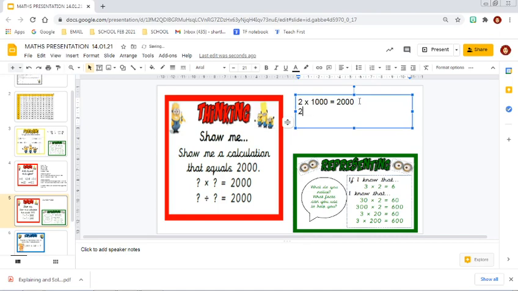So then I might say 20 multiplied by, however, if I multiply it by 1000, it's no longer going to equal 2000. This would be incorrect, because if 2 multiplied by 1000 equals 2000, then 20, which I've made 10 times bigger, times by the same number cannot be 2000.